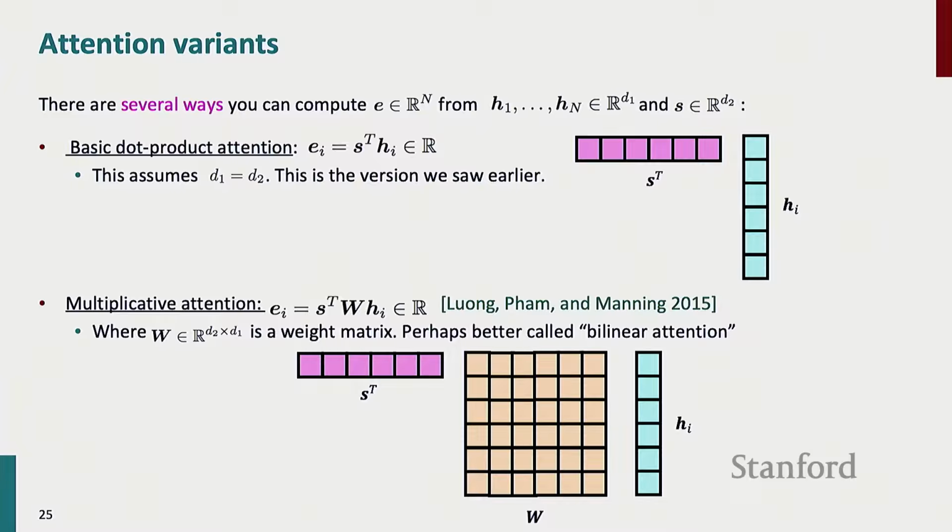It could be the case that the encoder's storing information about word meaning here, and the decoder is storing information about word meaning here. And by learning appropriate parameters in this matrix, we can match those together and work out the right place to pay attention. So that seemed kind of a cool approach to us.